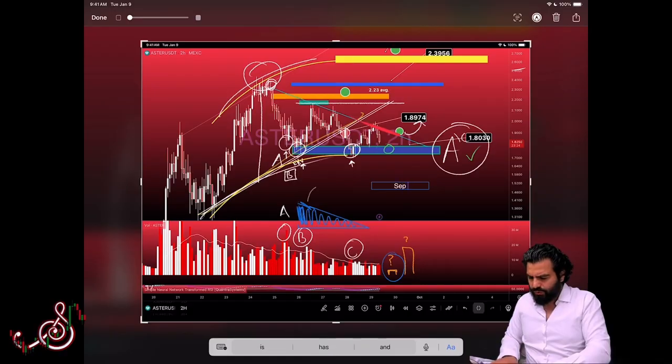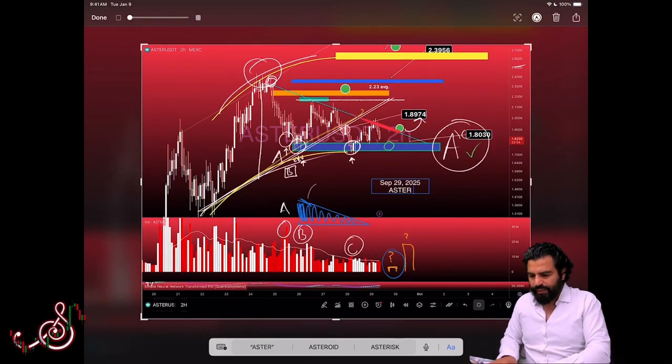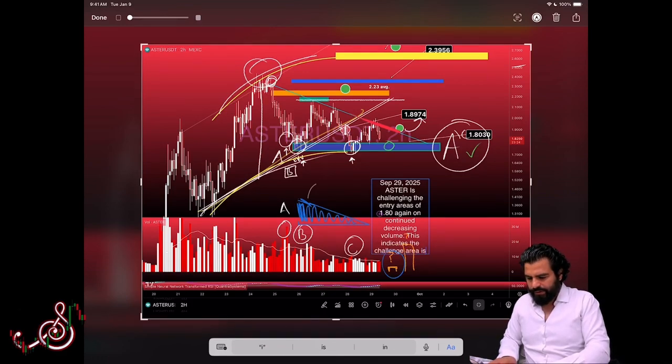September 29th. ASTER is challenging the entry areas of 180 again on continued decreasing volume. This indicates the challenge area is winning the absorption and control.